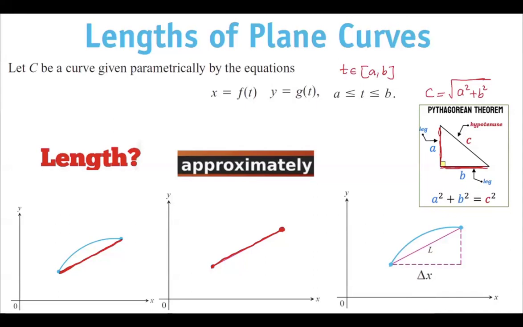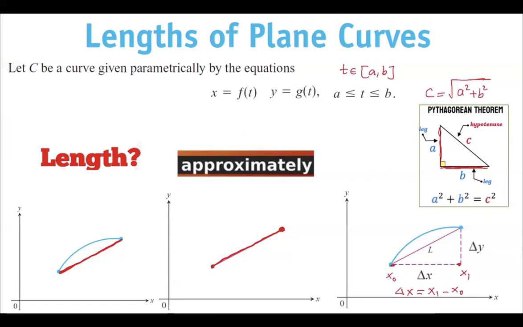On the horizontal line segment down here, the measure is delta x. Suppose this is x sub 1 and this is x sub 0, then delta x is x sub 1 minus x sub 0. Or in general, if you have x sub i and x sub i minus 1, we get delta x, which is the difference between the maximum value and the minimum value.